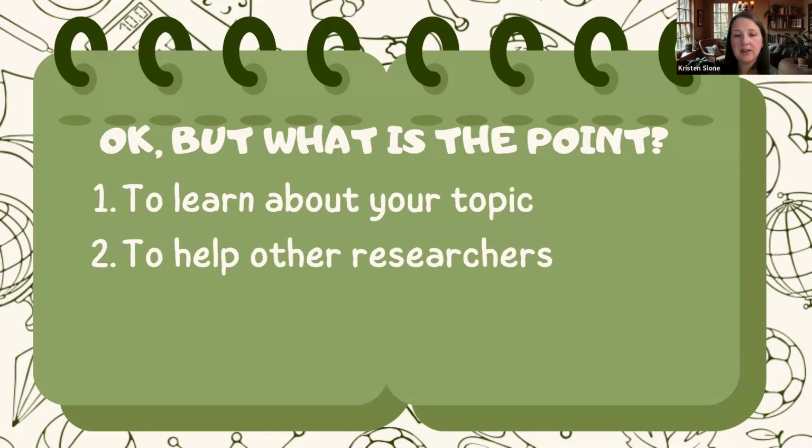Annotated bibliographies also help other researchers. Granted, in this context, probably the only person that's going to read your essay is your professor. But someday you may be writing and researching, and maybe it's published in some form or fashion. Having that annotated bibliography gives other researchers who are researching the same thing as you a chance to look at that particular source.